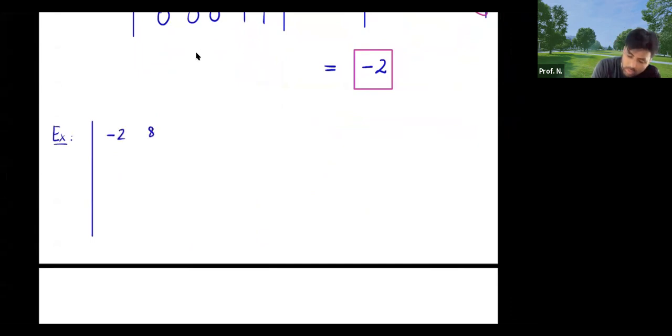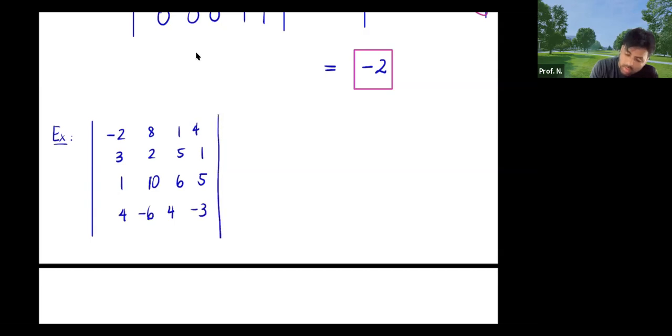Negative 2, 8, 1, 4, 3, 2, 5, 1, 1, 10, 6, 5, and 4, negative 6, 4, negative 3. What do you think the determinant of this matrix is?